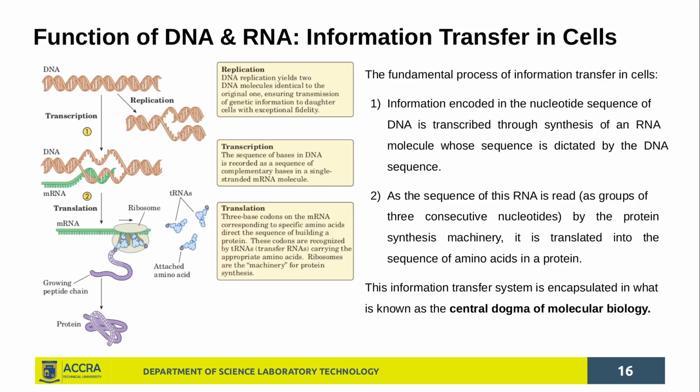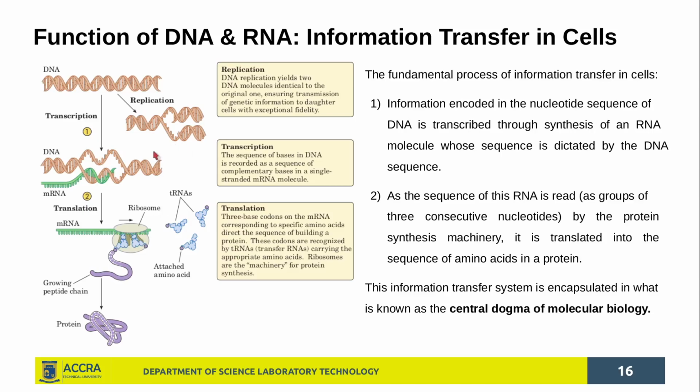Of course, we will not be going into detail of each of these processes. At our level, we are just looking at the overview of how this transfer is done. If you get interested and want to continue to do BTech, MLT, we go into detail into each of these processes.